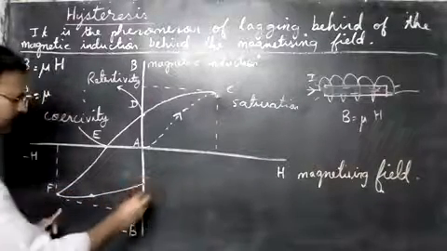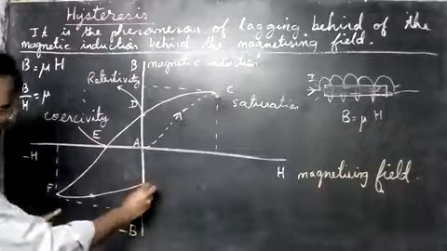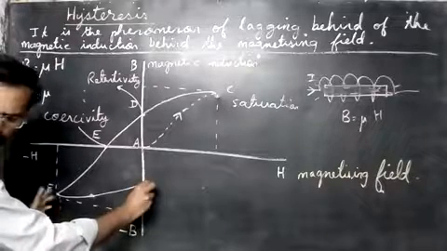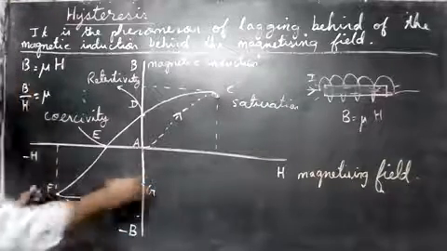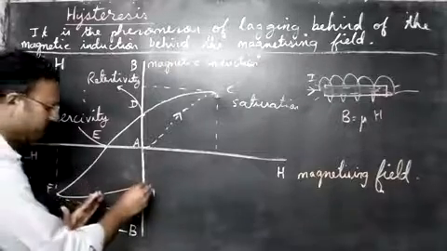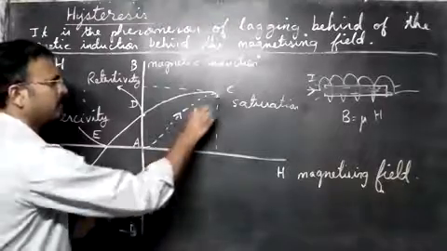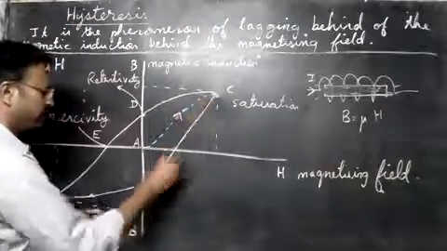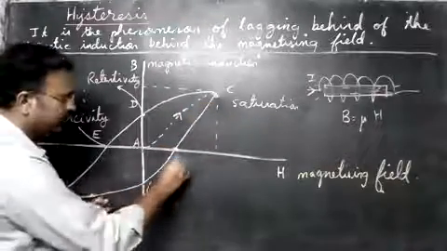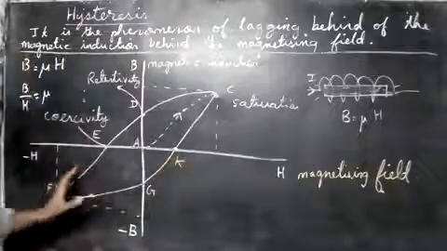Let's name this point G. Then again we increase it, it goes like this way, and this point we name it K.